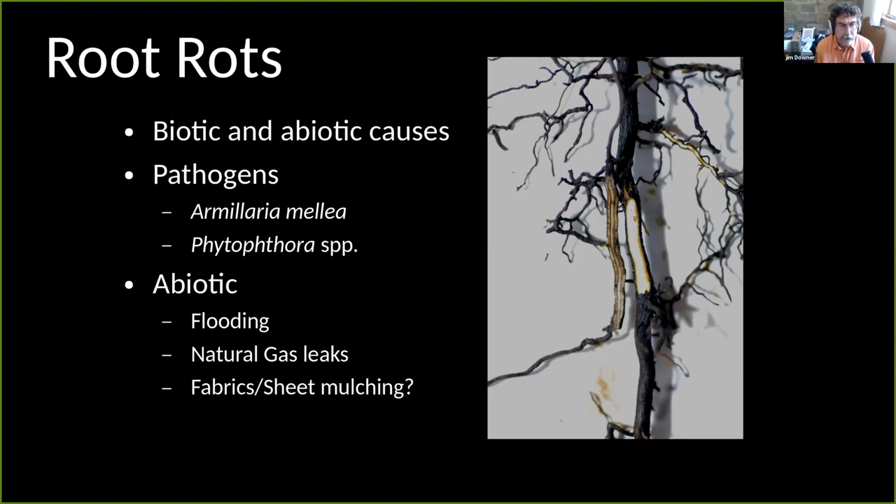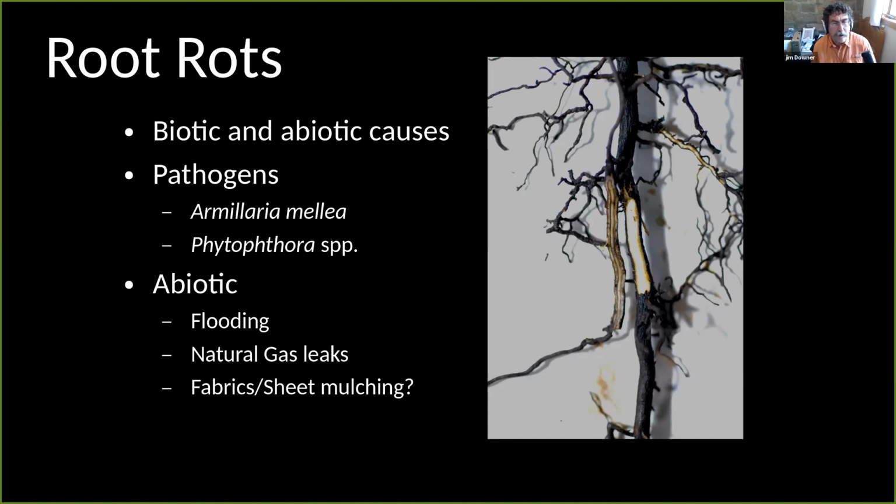And the two big pathogens that we have, at least here on the West Coast, are Armillaria, which is the oak root fungus, and Phytophthora species. There's several, both causing root rot of many, many hundreds or even thousands of different landscape plants, including trees.